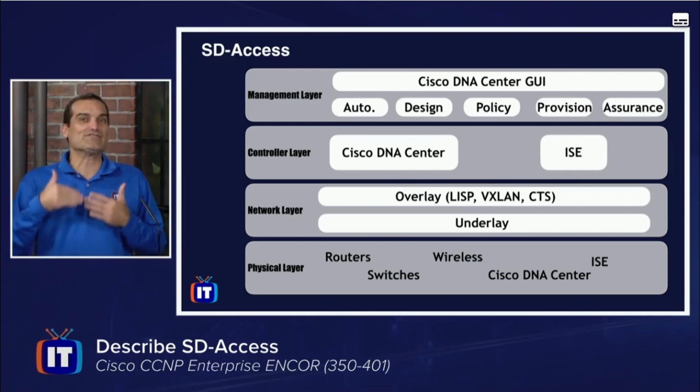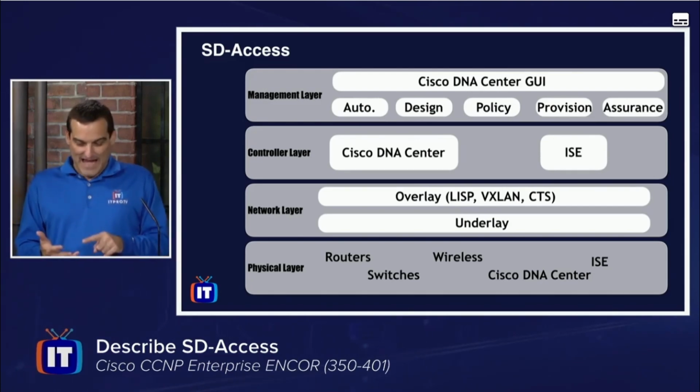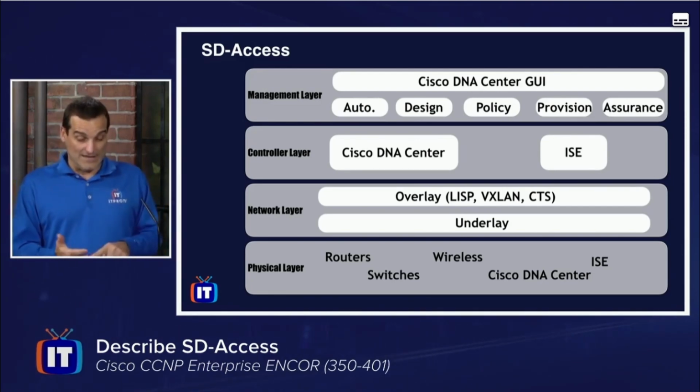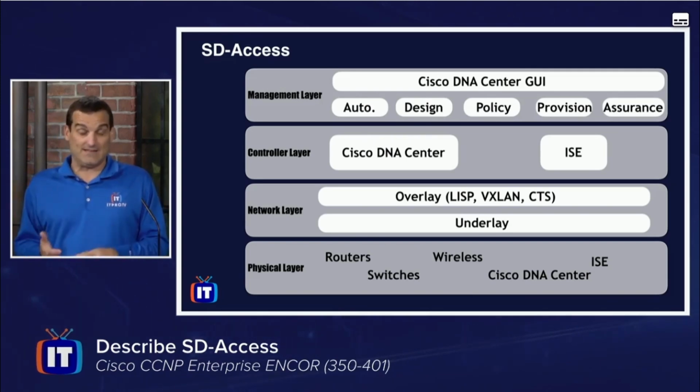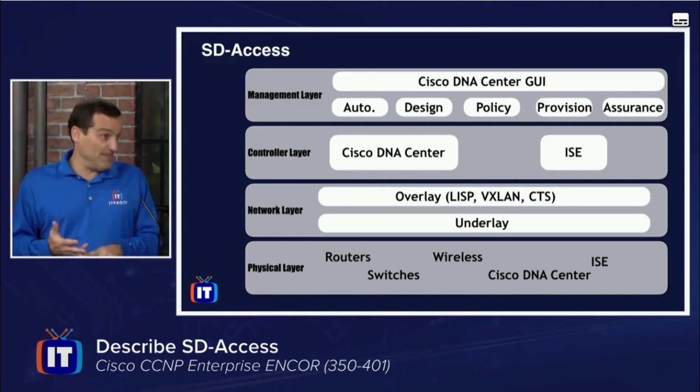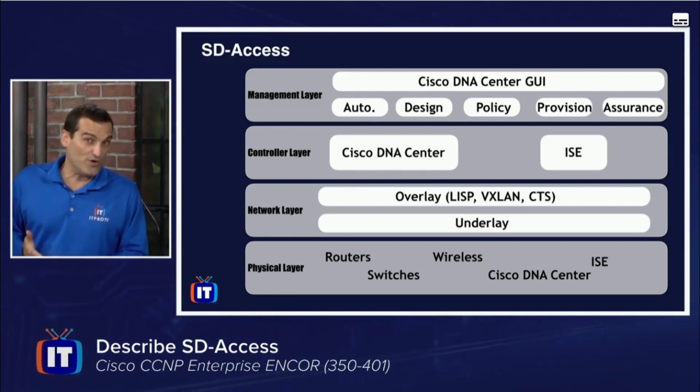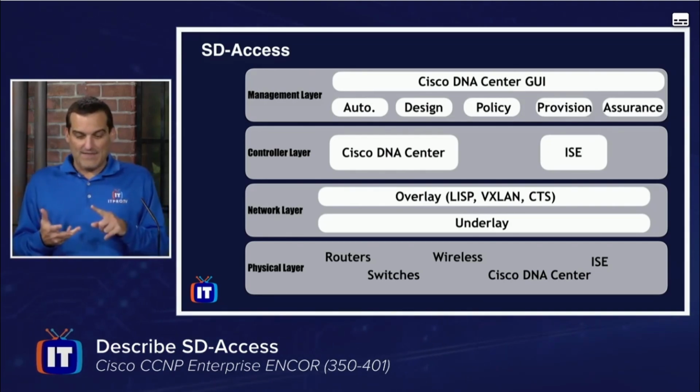And then notice there's the overlay layer, and that is LISP, which we're going to talk about in detail with you, because that is, at first, a tricky one to get your head around. Right. There's VXLAN, which there's more to that than meets the eye, and then CTS.